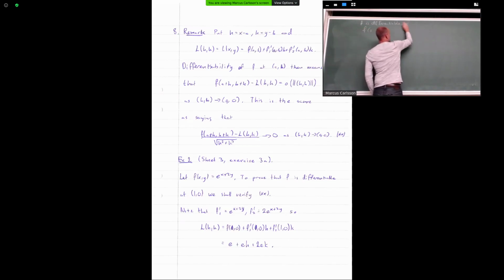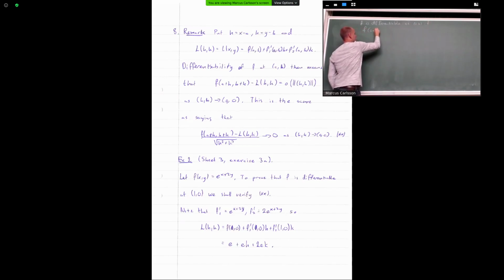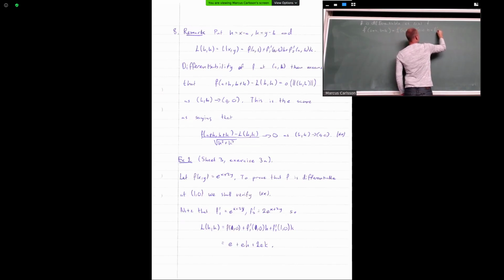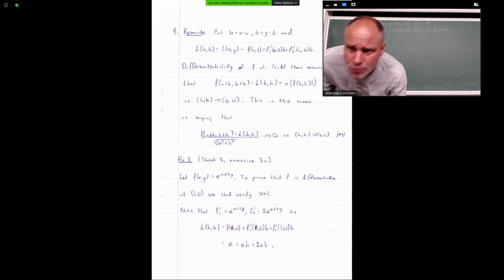at point (a, b) if f of a plus h, b plus k is equal to f of a, b plus f prime x at (a, b) times h plus f prime y at (a, b) times k.